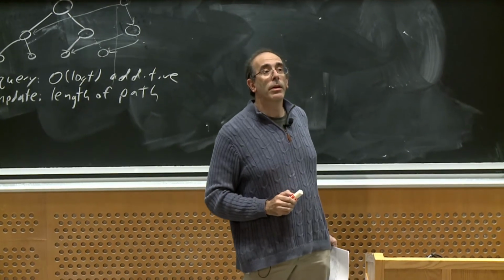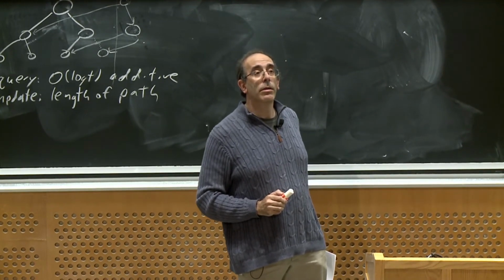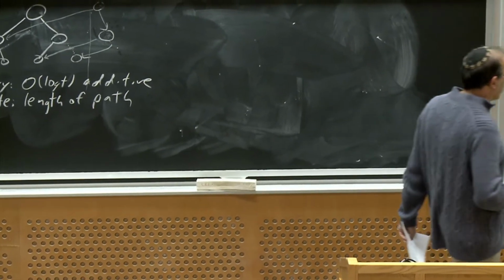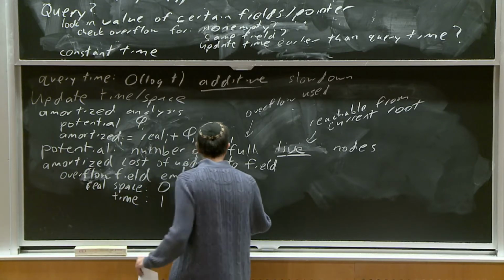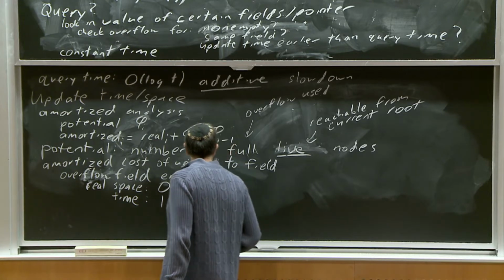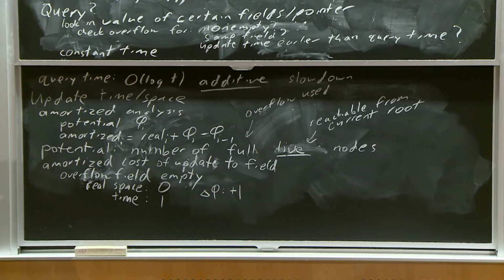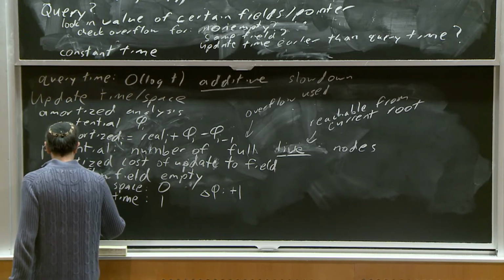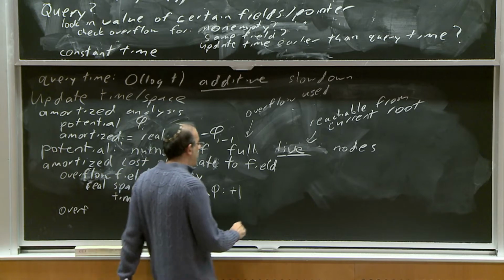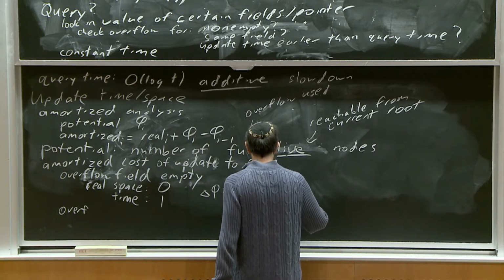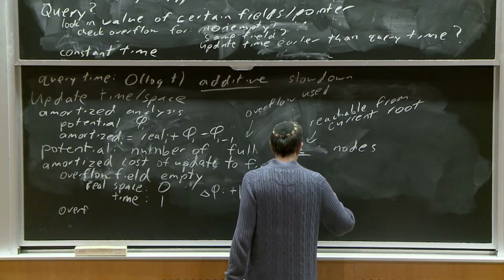The change in potential is also 1. We have just filled an active node, so we've increased the potential by 1. So that means that the amortized cost in both cases is order 1.